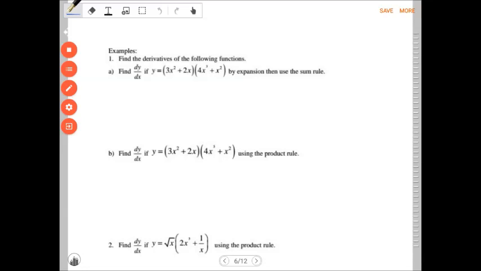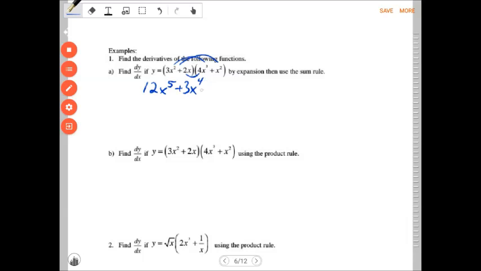All right. So, the first one is I want you to expand this multiplication of binomials, and I want you to use the sum rule. Okay, so we're going to FOIL this. So that's going to be 12x to the fifth plus 3x to the fourth.